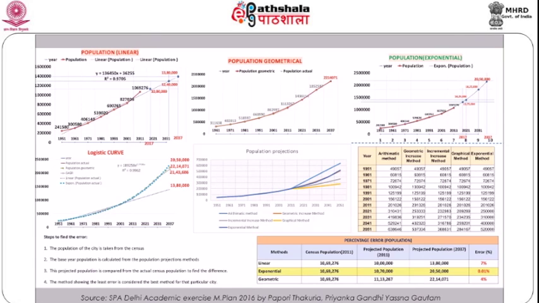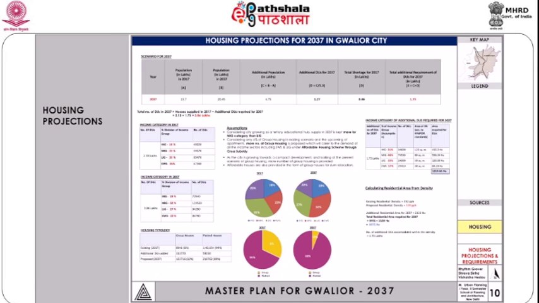Based on the population projections, or the estimated future population, one needs, as I said earlier, to assess the future requirements for housing. So how do we do it? The first thing is that we need to find out the future housing requirement.